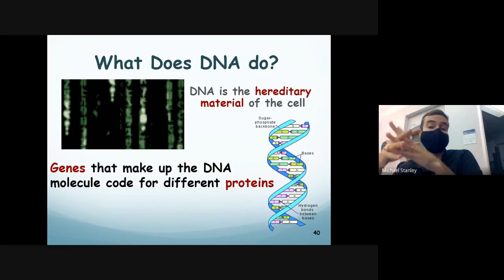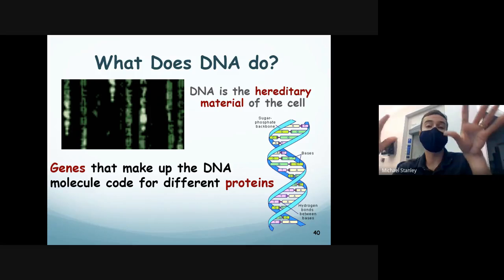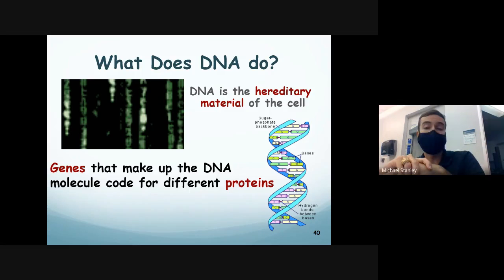So all of the information to make you, all of that DNA code, is a mixture of your mom and your dad's DNA. It's not something that's created brand new for you when you're first fertilized inside of your mom. It's passed down from generation to generation to generation.